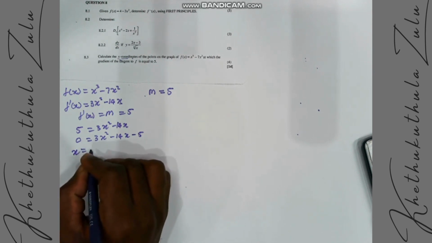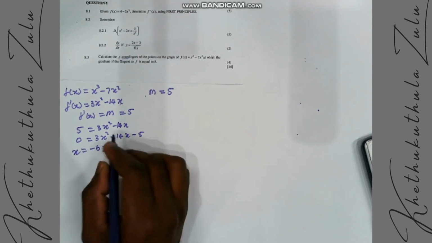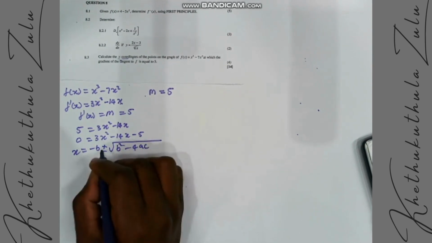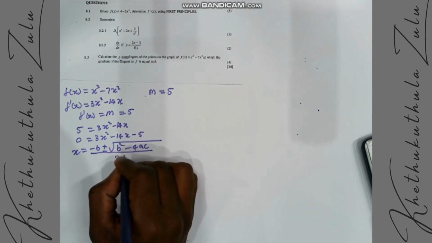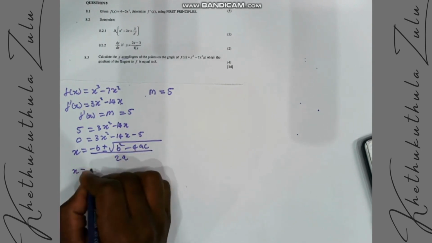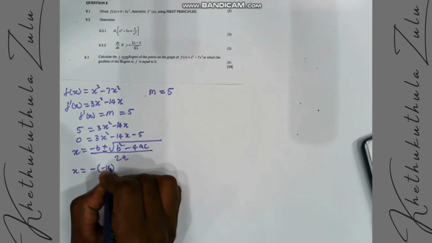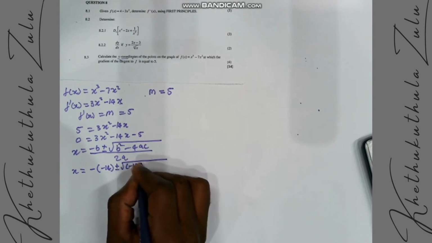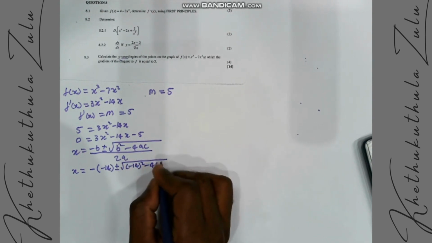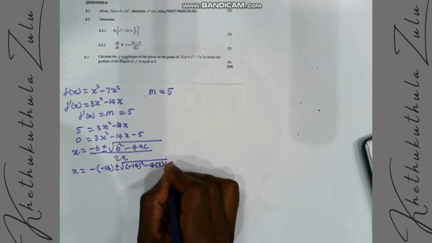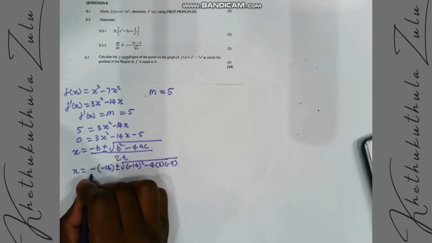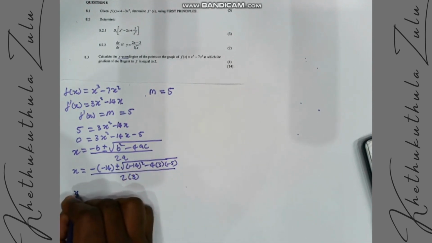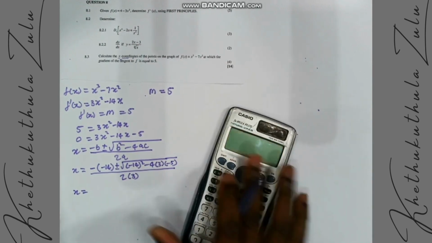Let's just do the quadratic formula for now. x is negative b plus or minus the square root of b squared minus 4ac all over 2a, then x is negative, negative 14 plus or minus the square root of negative 14 all squared minus 4, our a is 3, our c is negative 5, all over 2, our a is just 3. Then punch a calculator.